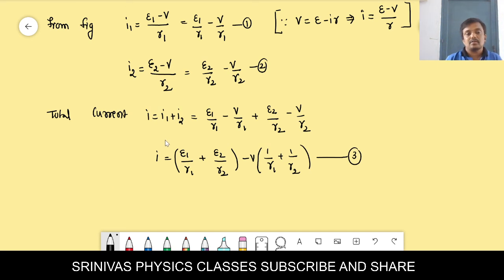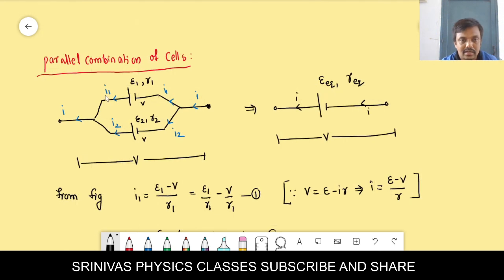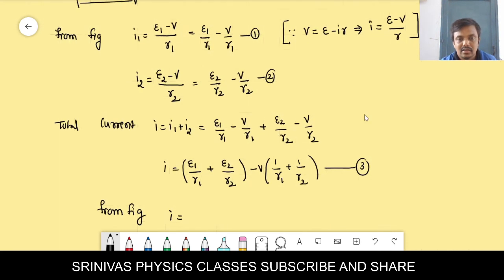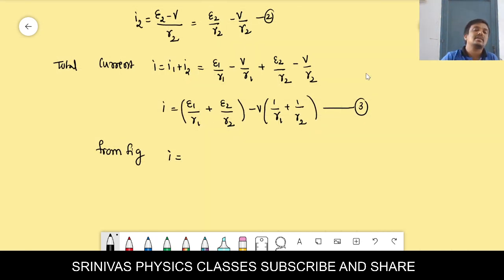Next, from the second figure, we can write the total current like this also. If these two cells act as one cell, its EMF is E equivalent and internal resistance is R equivalent. Then the current formula we write from here is E minus V by R, that is, E equivalent minus V by the total internal resistance R equivalent.